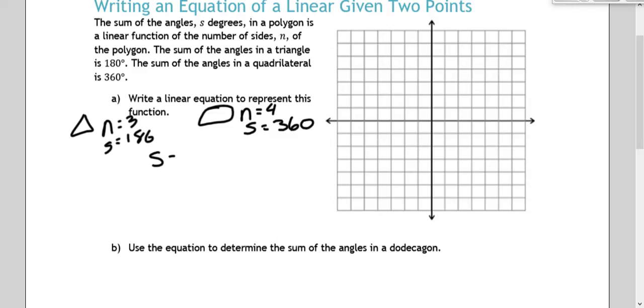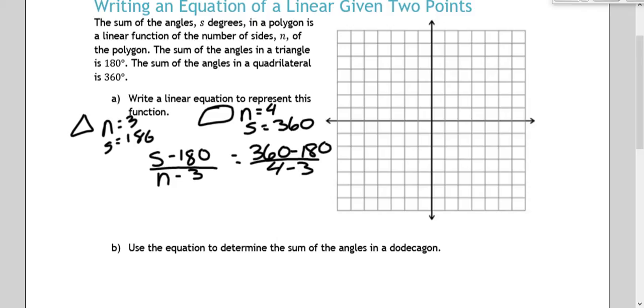So then this is s minus 180, because this is all we know. We cross multiply. This would be 360 minus 180 over 4 minus 3.